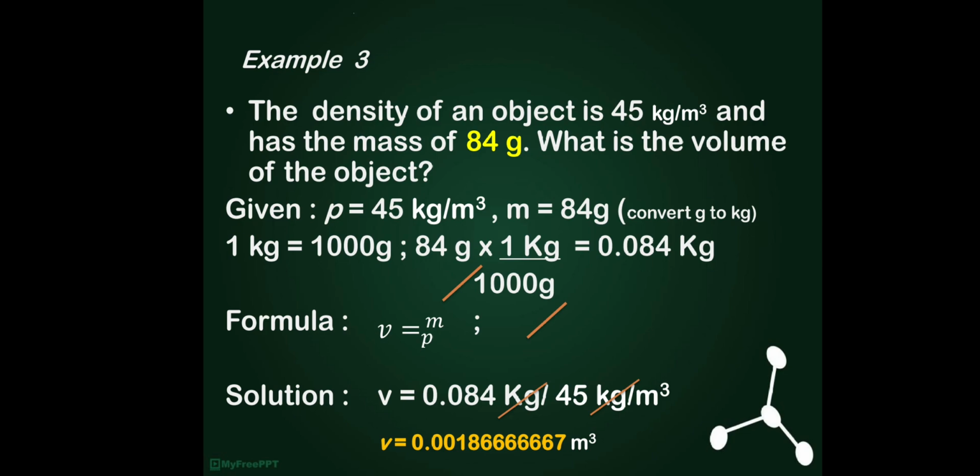Even if it is repeated numbers, diba? As we all know in mathematical calculation, if it is repeated, you have to round off. But here in this case, in analytical chemistry, in this part only of the calculation, you have to write even if it is repeated. Okay?